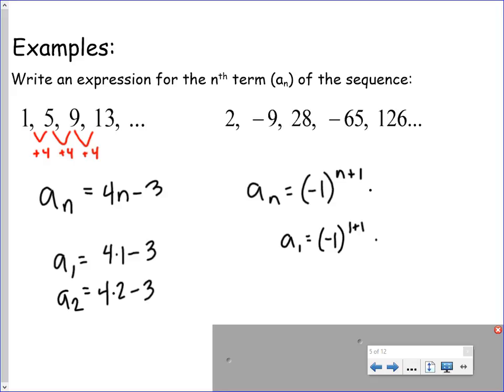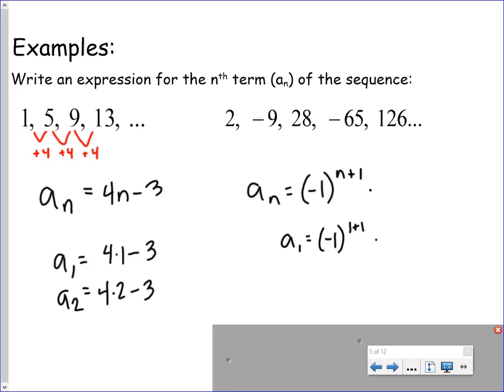Can anybody find a pattern for those numbers? So now you can kind of ignore the signs. 2, 9, 28, 65, 126. What about these numbers? 1, 8, 27, 64, 125.